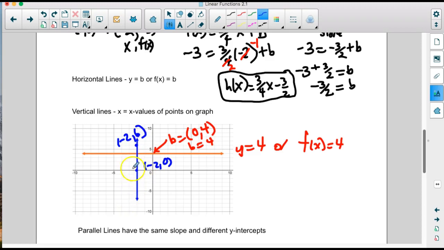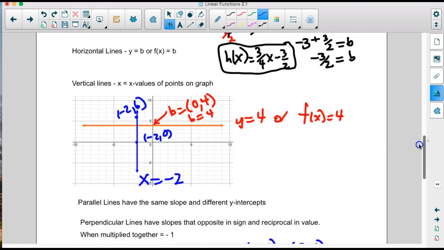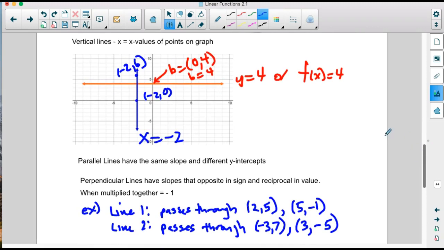So any point we look at on this line, the x value is going to be negative 2. So this equation is going to be x equals negative 2. Now this is not a function, so we can't write f of x equals. It doesn't pass the vertical line test. It is a vertical line.